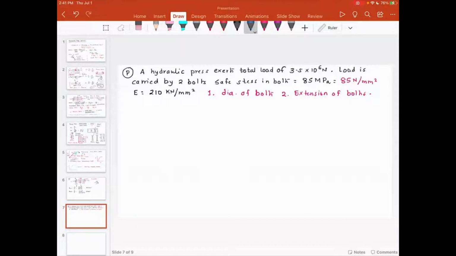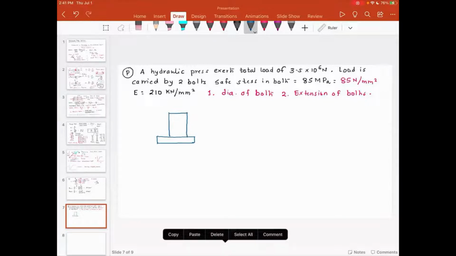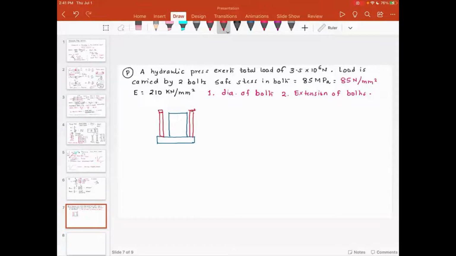So what we have is a hydraulic press. And this hydraulic press is actually supported by 2 bolts. This hydraulic press is able to exert 3.5 times 10 to the power 6 newtons of force.